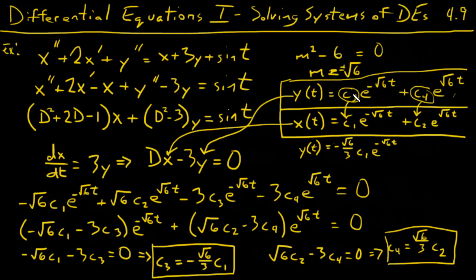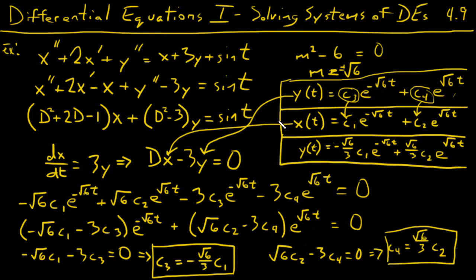So all I did is I changed the C3 into negative root 6 over 3 C1, which is what the substitution shows right here. And then plus C4, which is root 6 over 3 C2 times e to the positive root 6t.